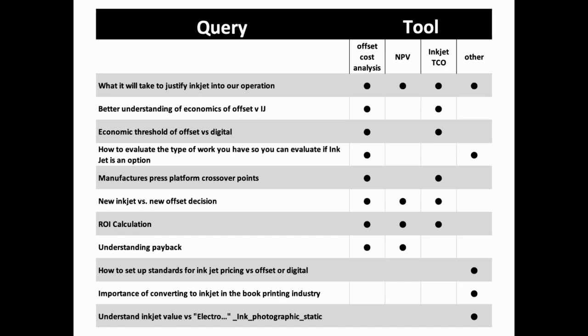Same with the next row, economic threshold of offset versus digital. How to evaluate the type of work you have so you can evaluate if inkjet is an option. Well, think about this. Just by setting a stake in the ground, or being able to segment the work on your offset presses that costs you more than producing it on an inkjet press, that's a pretty interesting organizing step.